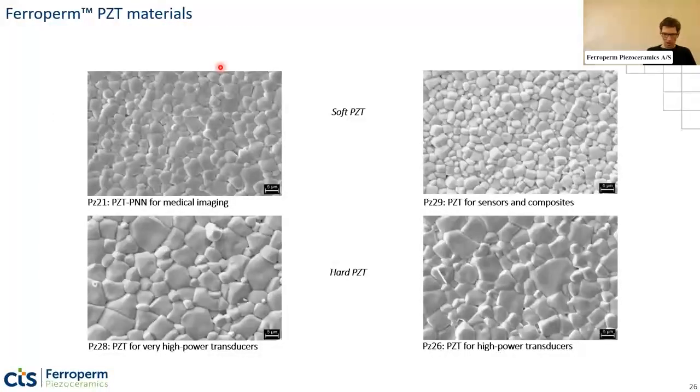Some micrographs showing the structure, the microstructure of such piezoceramic materials. This is an electron microscope, and this scale bar is 5 micrometer in each case. You see some difference in the microstructure between some of the soft and some of the hard materials here.